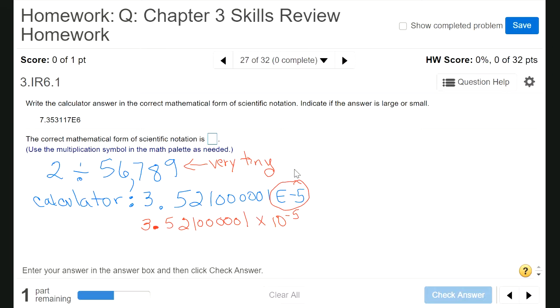So when that number is negative, that means the decimal point belongs to the left. You need to make the number small. 1, 2, 3, 4, 5 decimal point. And I'd have to fill those in. So that means that that number is really point, and then you see I have 1, 2, 3, 4 zeros, the 3.